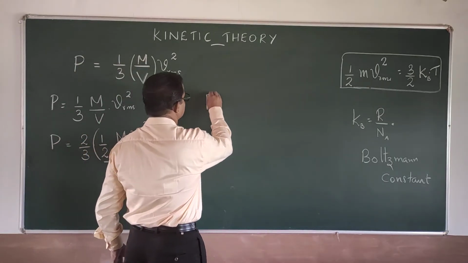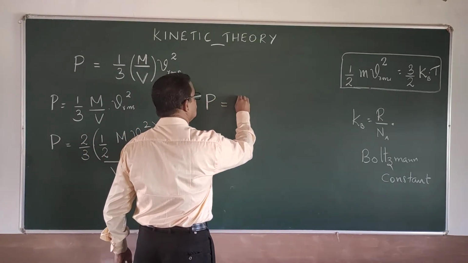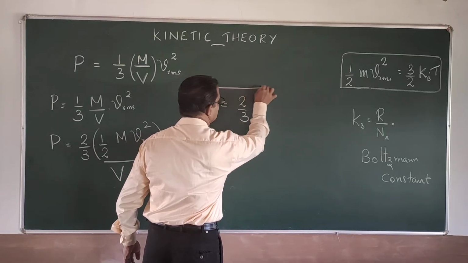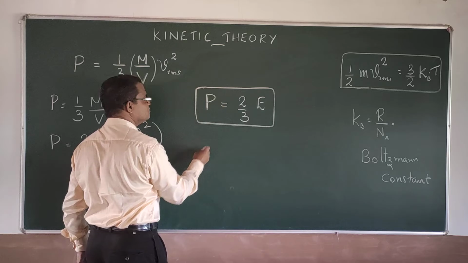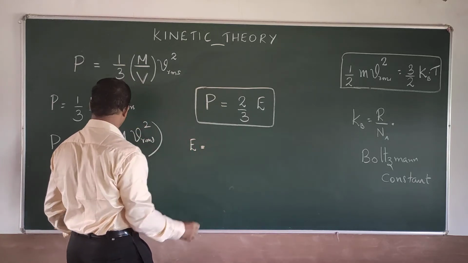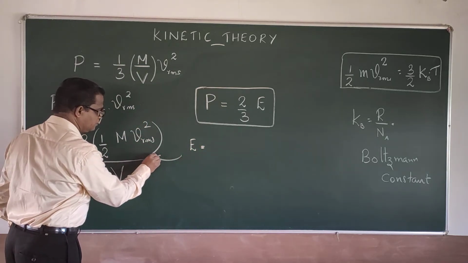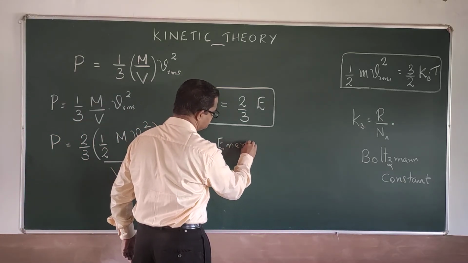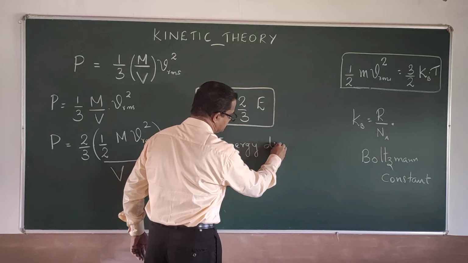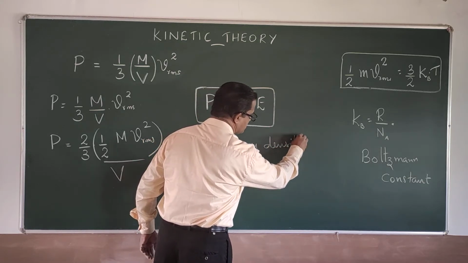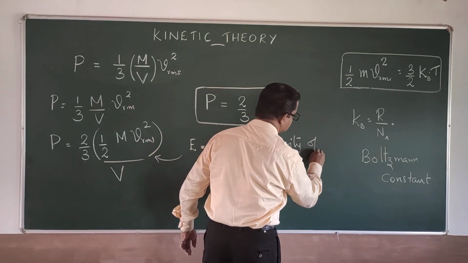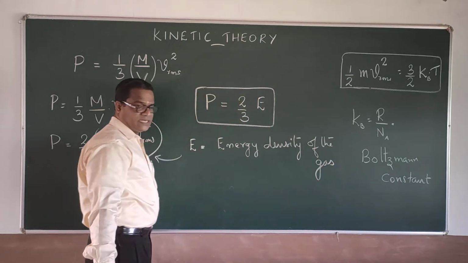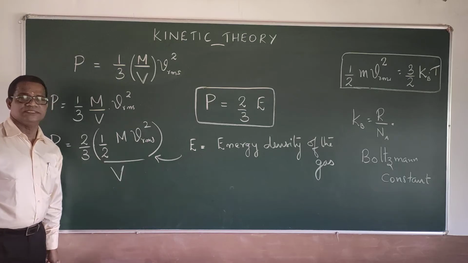Therefore, pressure P equal to 2 by 3 times E, where E is the energy density of the gas.